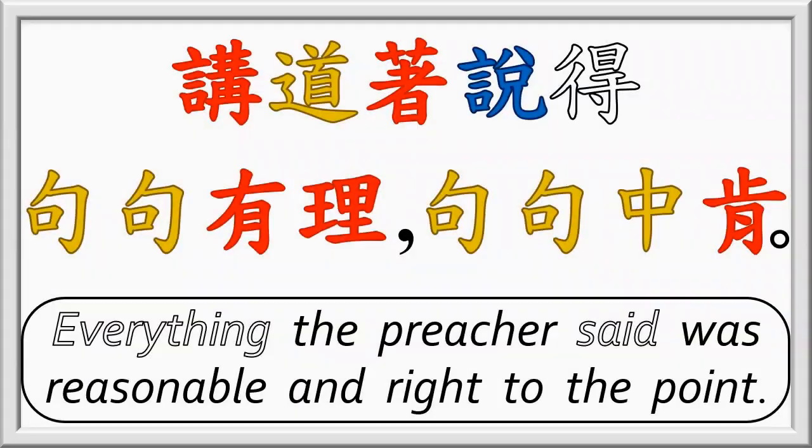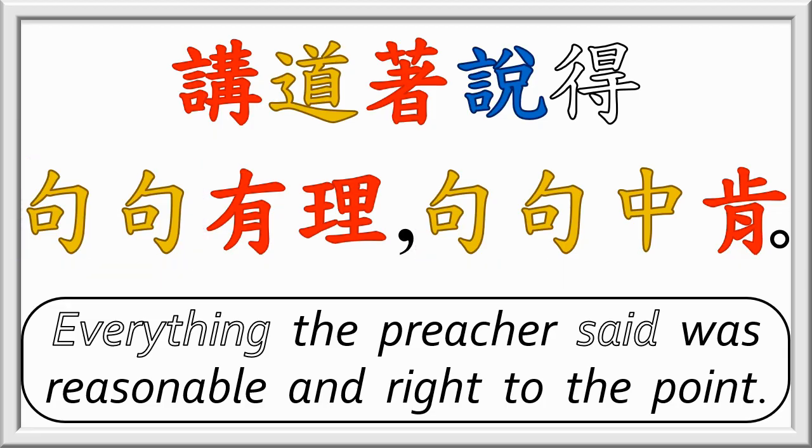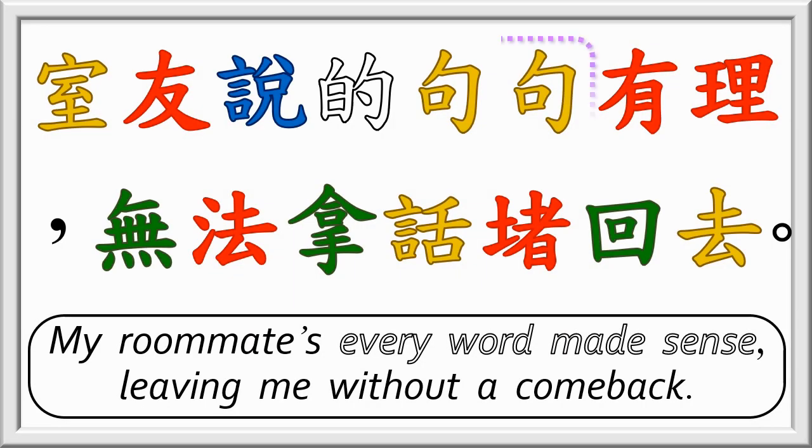As with other repeated nouns, such as 天天 every day, and 样样 every kind, 句句 means every sentence. 讲道者说的句句有理，句句中肯。Everything the preacher said was reasonable and right to the point. 室友说的句句有理，无法拿话读回去。My roommate's every word made sense, leaving me without a comeback.